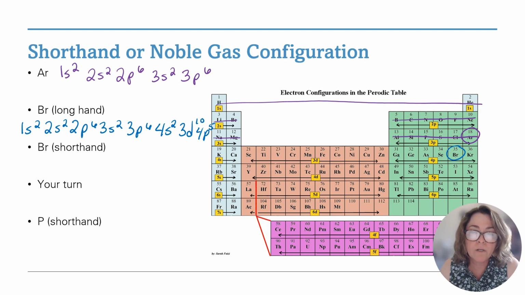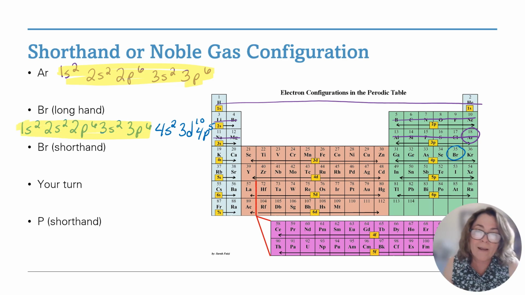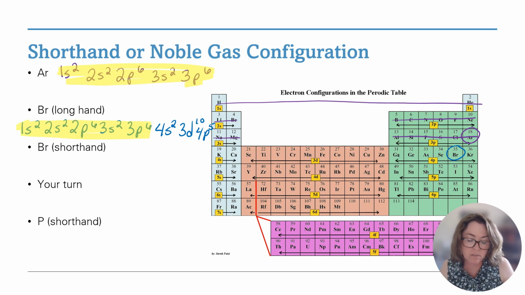Now, what we're going to do for this shorthand is we're actually going to use what we're going to call the noble gas configuration. If you look here, argon is 1s2 all the way to 3p6. I have 1s2 to 3p6 right here. What I have highlighted in the bromine longhand configuration is the electron configuration for argon.